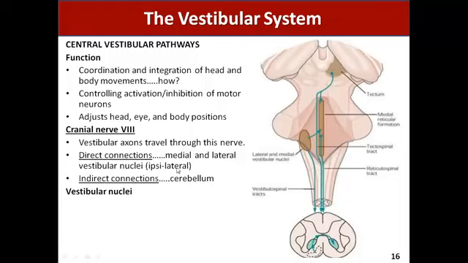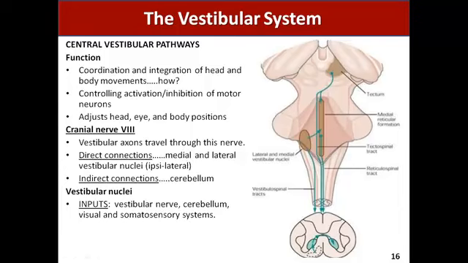But when you think about the difference between a direct connection and an indirect connection, which arises from the sensory organs, the sensory organs will connect to the cerebellum indirectly through various synaptic connections, whereas the direct connection without a synapse occurs from the sensory organs onto the vestibular nuclei.